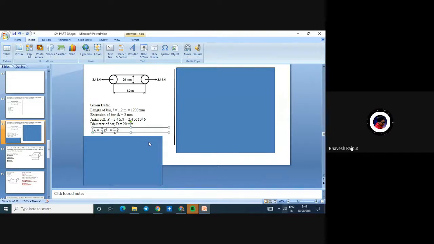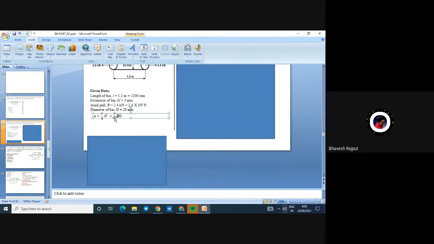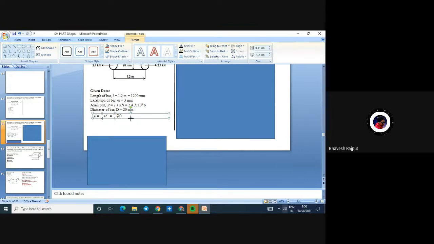Area is 314.15 mm square. Yes, that is the area. And strain.